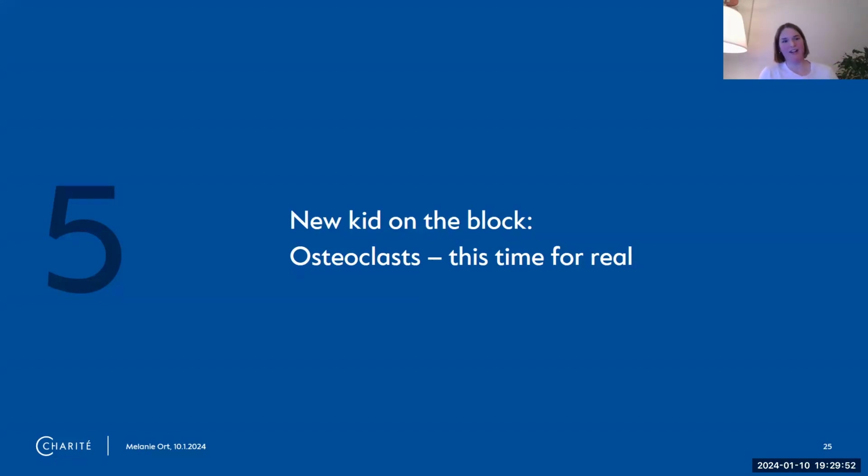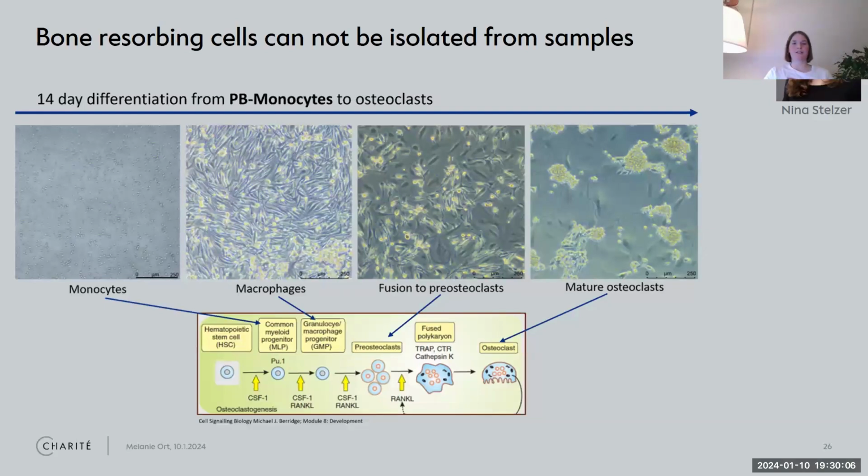So we actually had a really bright master student joining our group. Now she's a PhD student, or you shouldn't say student, she is a scientist in our group, and she has been showing us how to differentiate osteoclasts.